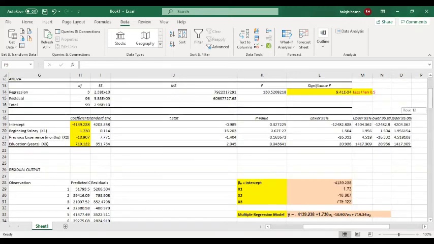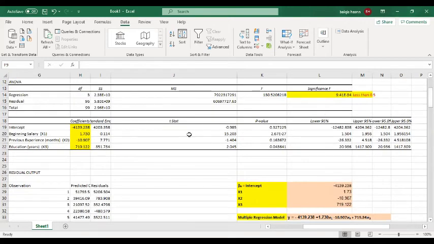As we can see for beginning salary, previous experience and education, in their p-values, we find that previous experience has the highest p-value compared to the others. So we must remove this variable from the model and again run the multiple regression model with two explanatory variables.